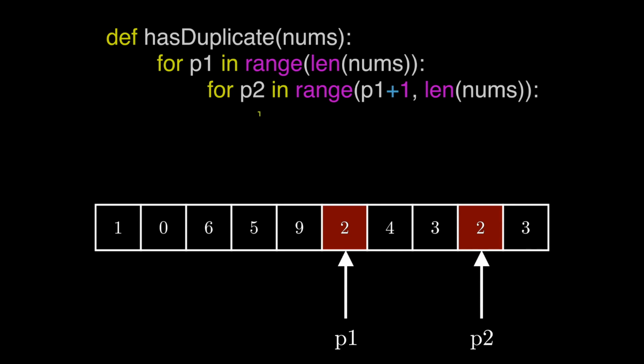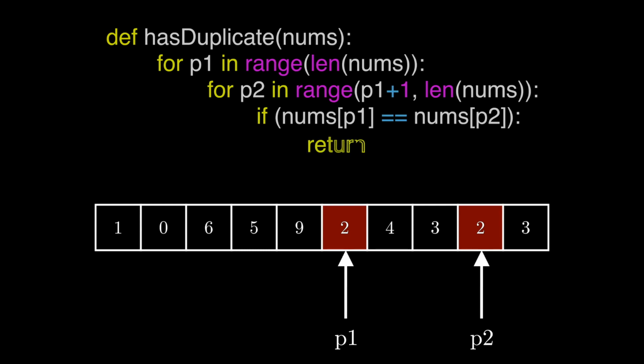Next, we check to see if nums at P1 is equal to nums at P2. If they are equal to each other, then we return true because we just found a duplicate. After the nested for loops finish, we return false.